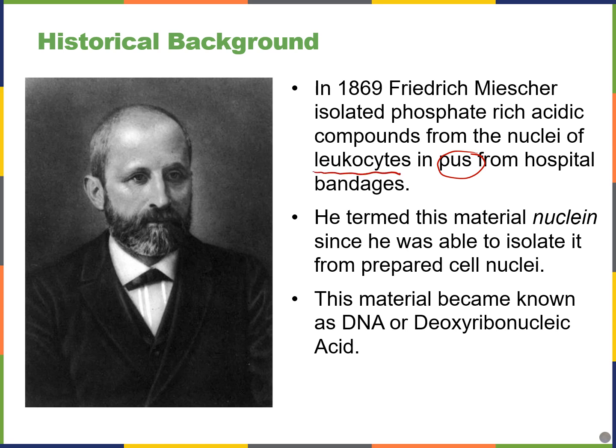And what he did was he looked inside the nuclei of these white blood cells and he found phosphate-rich acidic compounds that he named nuclein because he isolated it from these white blood cell nuclei. Eventually, this is now known as DNA, or deoxyribonucleic acid.